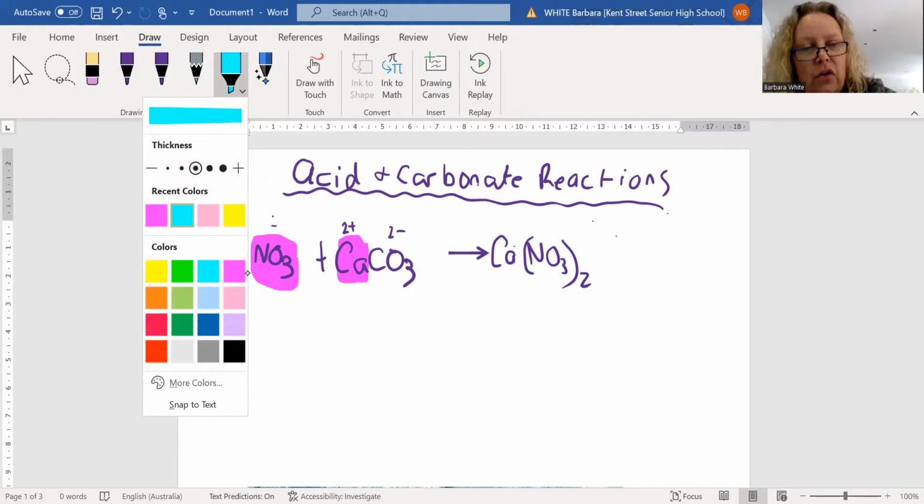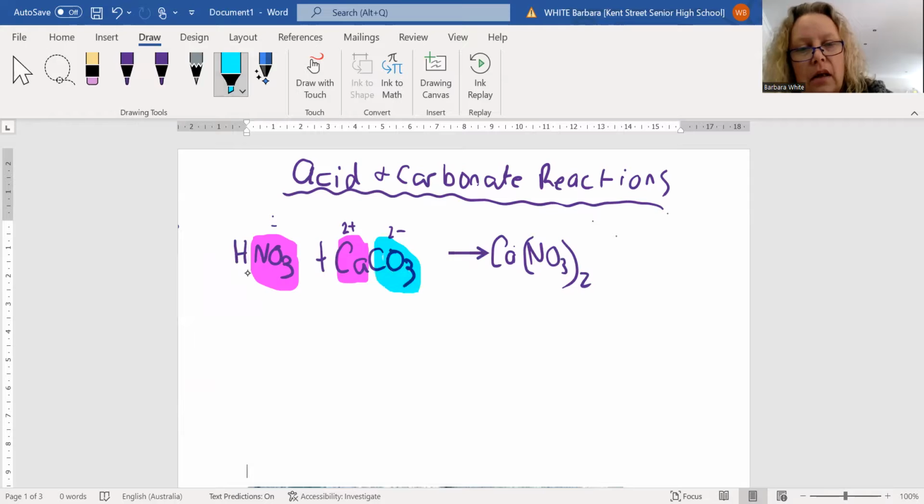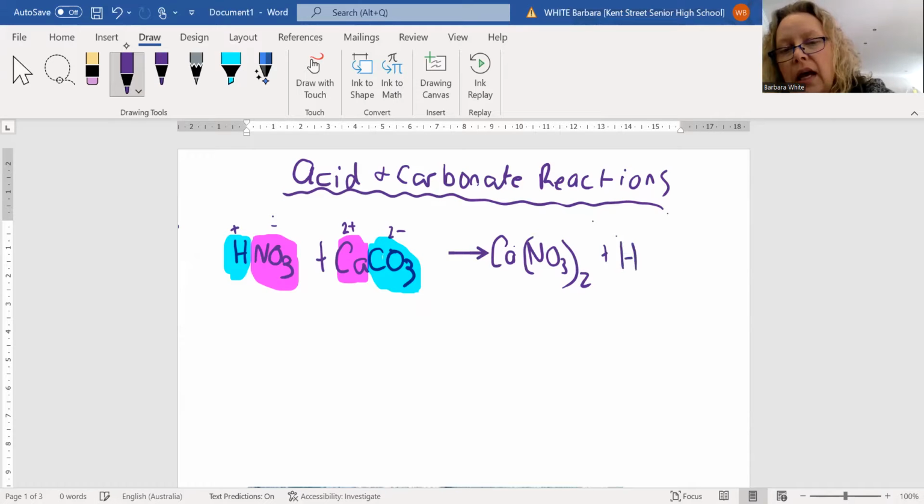And then the other anion-cation pair, so the carbonate and the hydrogen will go together, and you might think, because H is +1 and carbonate's -2, you're going to get H2CO3, which is carbonic acid. And carbonic acid is what's in your soft drink, actually.